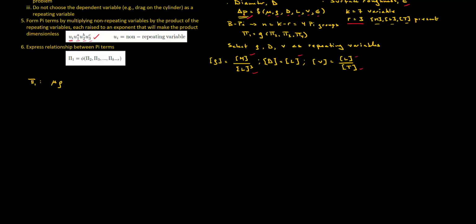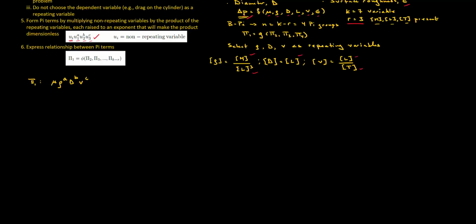So here we'll have the density rho raised to the power of a multiplied by the diameter raised to the power of b multiplied by the velocity raised to the power of c. And so now what we need to do is express each variable in terms of its primary dimensions.